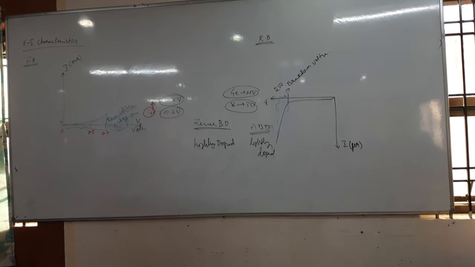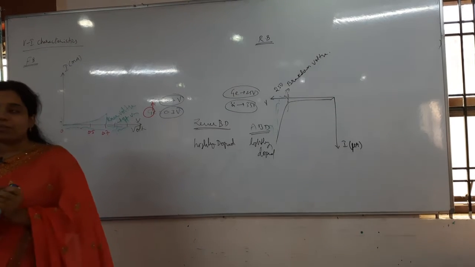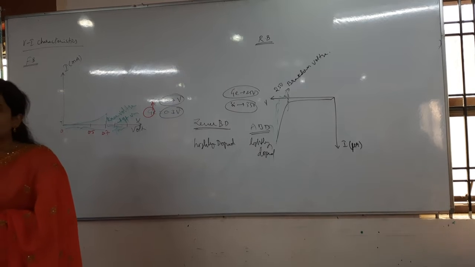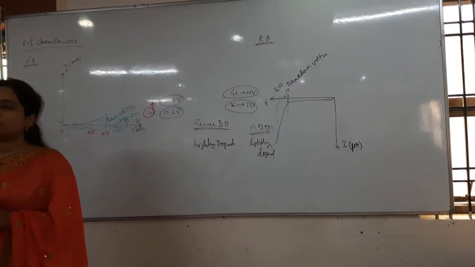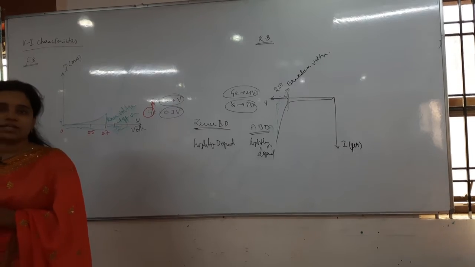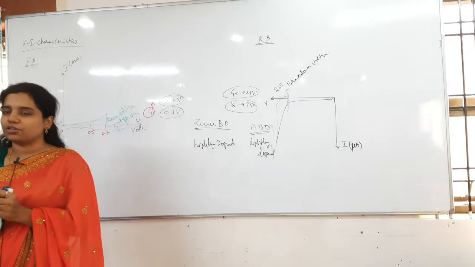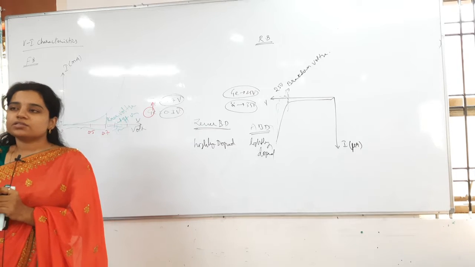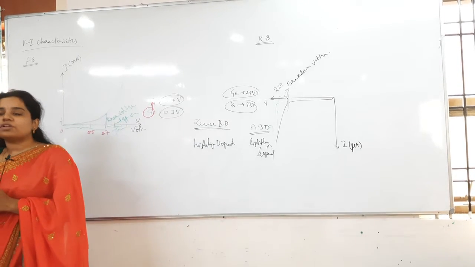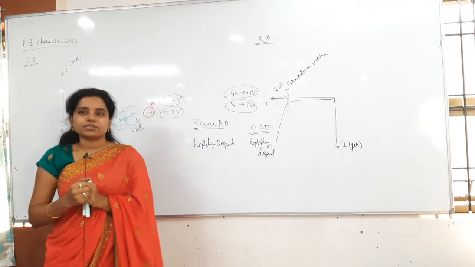In the reverse bias we have taken, initially up to the barrier potential, nothing but up to the covalent bond breaking, the current flow is there only due to the minority charge carriers. Already we know, I said already, drift current and the reverse bias mechanism also. So the current flow will be there only due to the minority charge carriers.